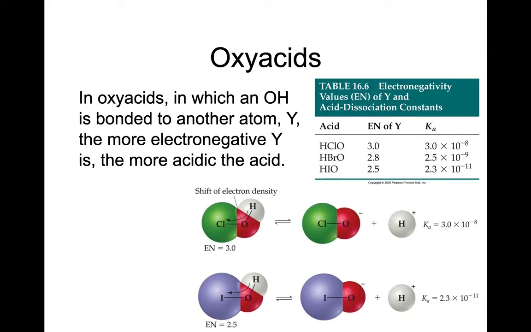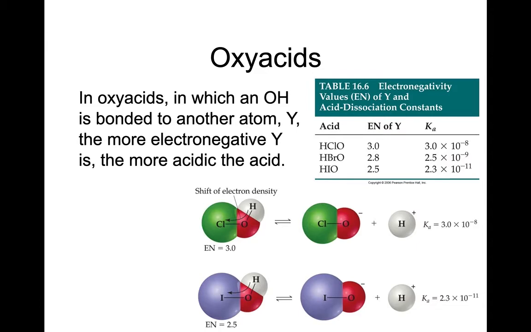All right, a quick final couple of notes on some more specific types of acids and definitions to finish up the first part of this unit. So we've got a couple specific types of acids that are important. There are oxyacids, in which a hydroxide ion is bonded to another atom.